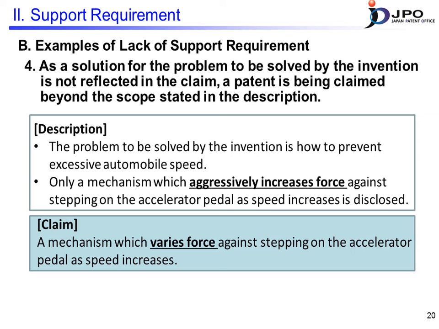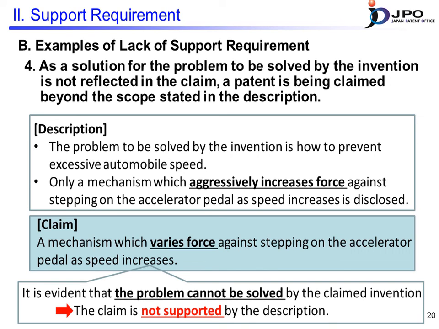The latter mechanism cannot solve the problem of preventing excessive automobile speed. In other words, a solution for the problem to be solved by the invention is not reflected in the claim, and therefore the patent claim goes beyond the scope indicated in the description. Therefore, the claim is not supported by the description.